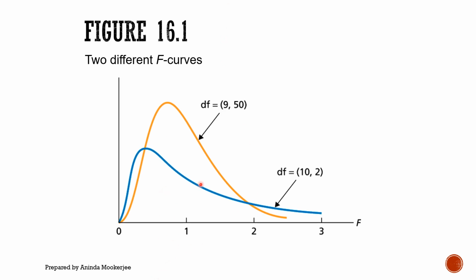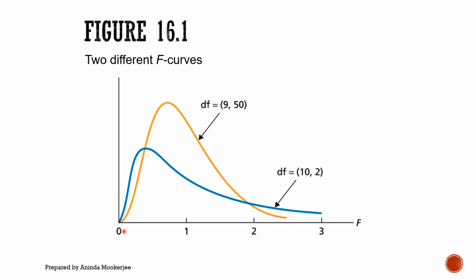Now here are two different F curves given to us. One is the orange one and the other one is the blue one. As you will note, these curves look pretty similar to the chi-squared curves that we learned about before. The F curves are all hinged at 0.